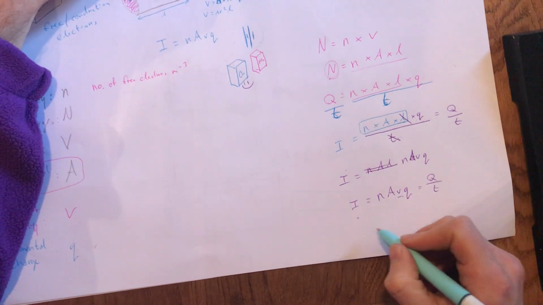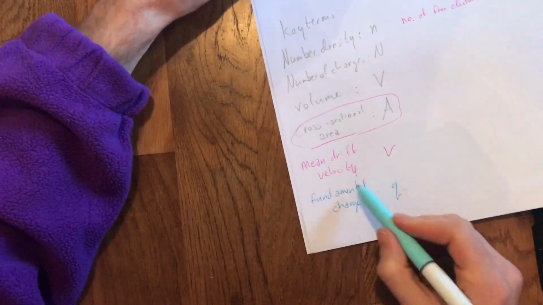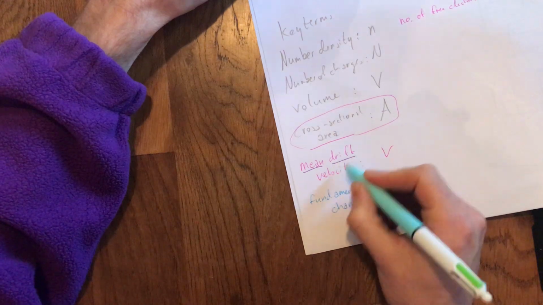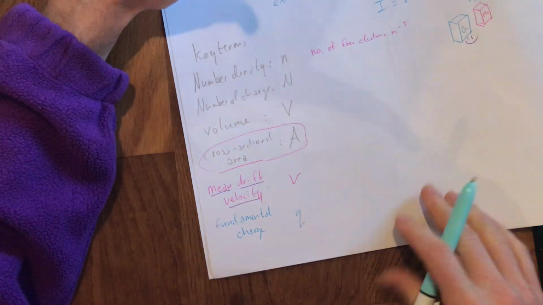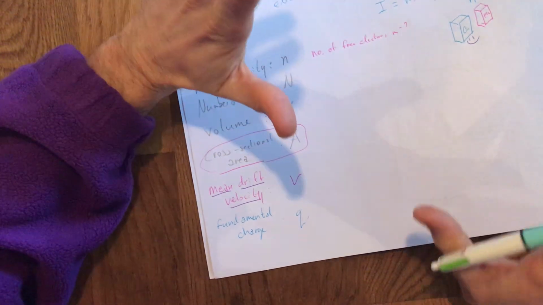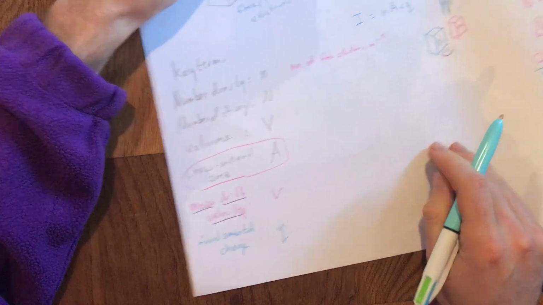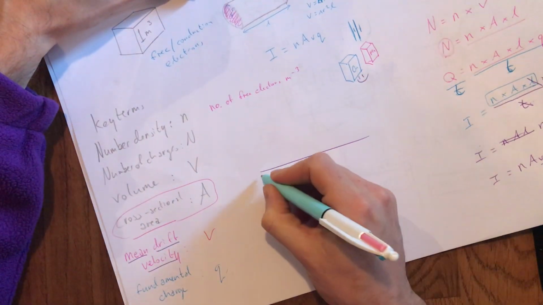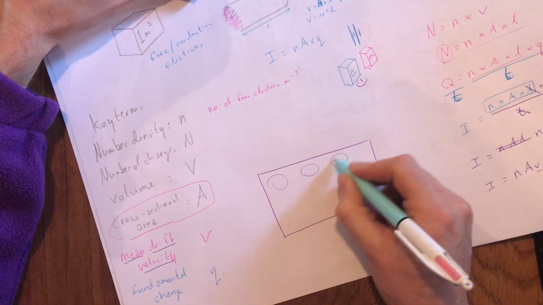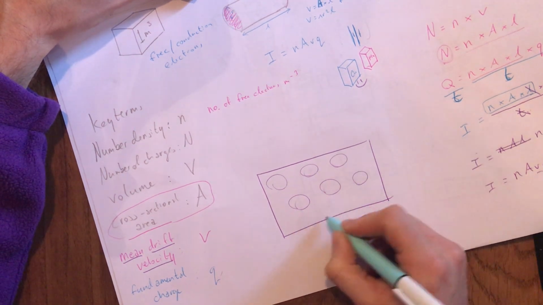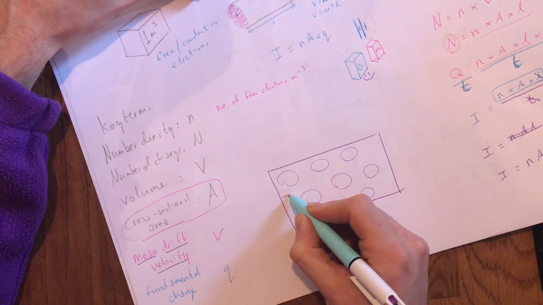Now, when we look at this v thing, really what that refers to, and you will see this term crop up, is the mean drift velocity. Because the thing is, if you imagine inside even the most perfect substance, electrons are going to be moving in different directions. So if you think about the inside of an electrical wire, so we had these magic eyes and we could see the atoms themselves. Okay, I know they're going to be closer together, but you know. So you imagine you've got this little electron moving this way.